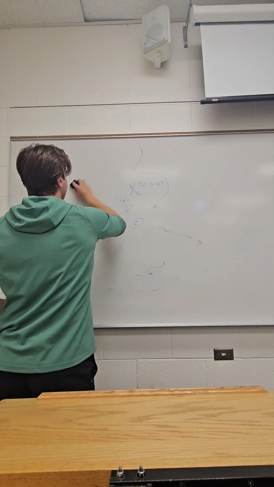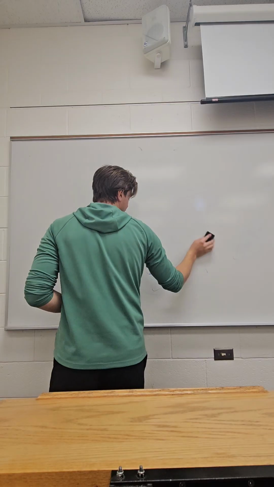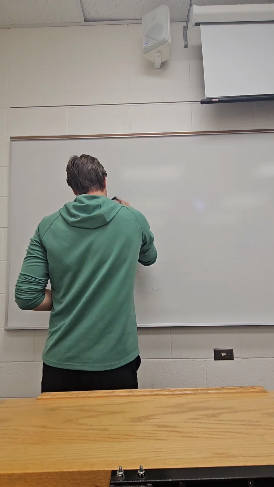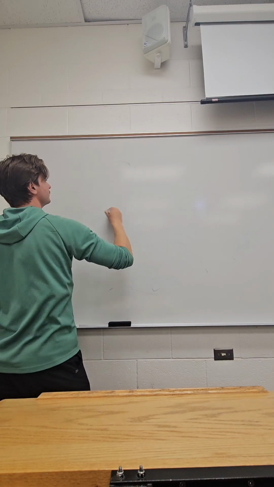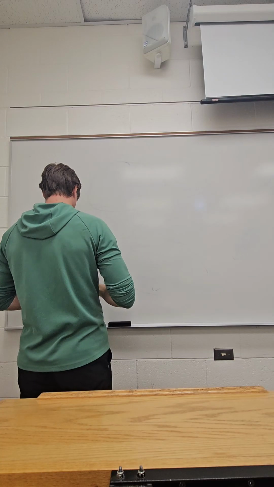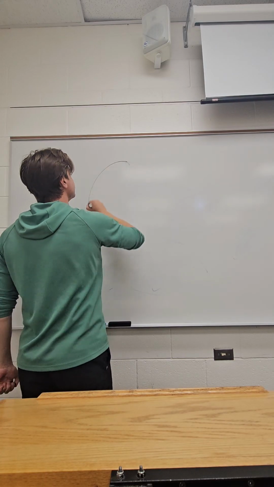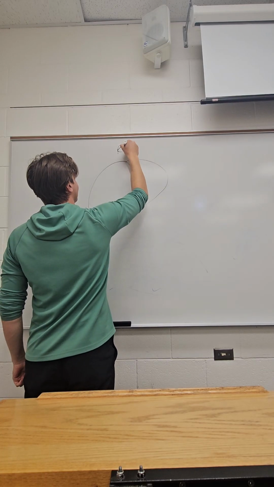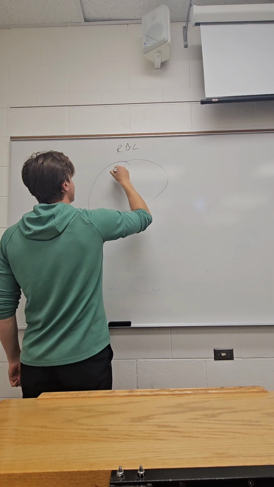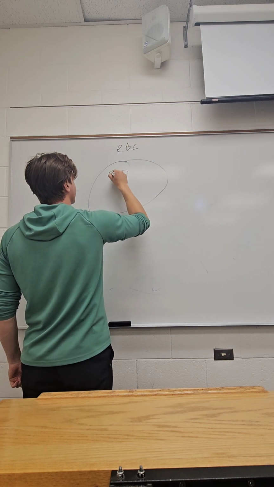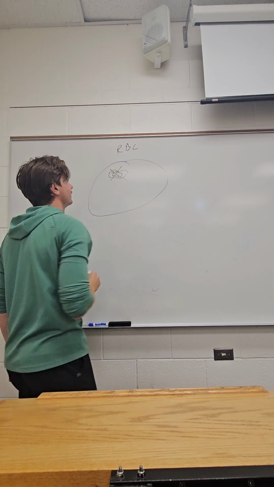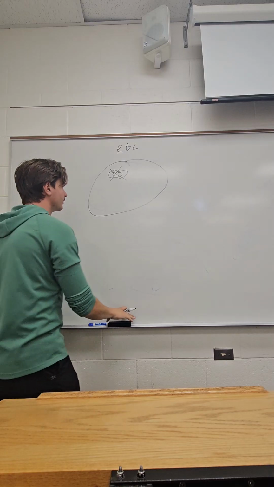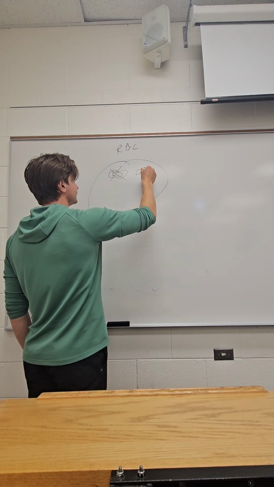Another thing about red blood cells that I should mention here. So here's an RBC. They don't have mitochondria. So no mitochondria. Well, how do they respire? They do glycolysis.